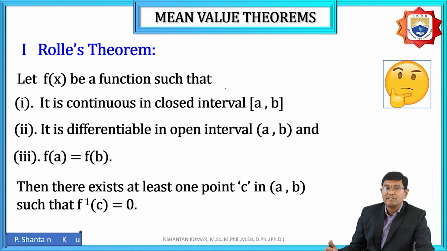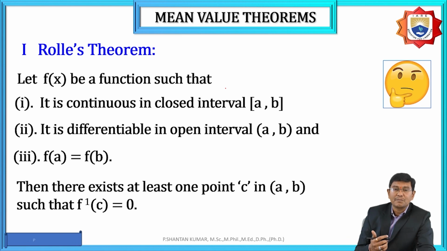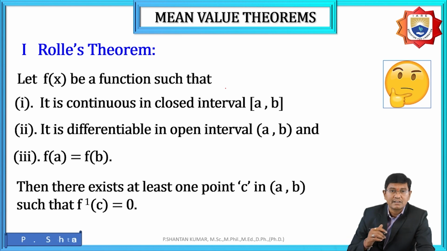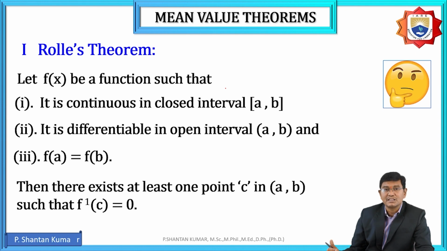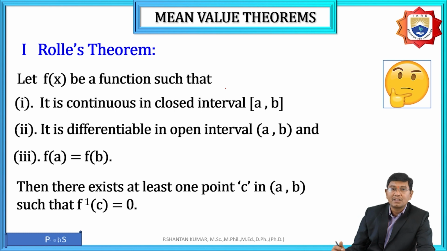That means when we apply Rolle's theorem, the three conditions are required to be satisfied, and once they are satisfied, we find the point with the help of f dash of c equal to 0, such that there exists c belonging to (a, b). That is the meaning of Rolle's theorem.